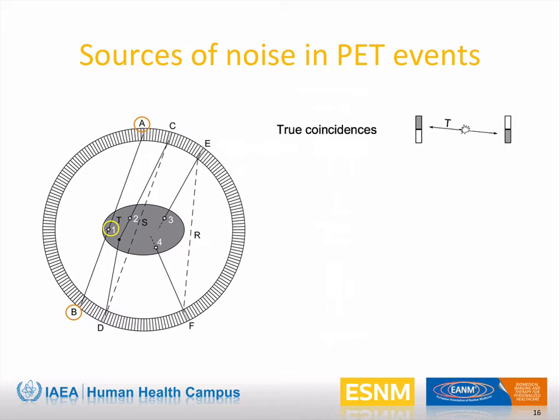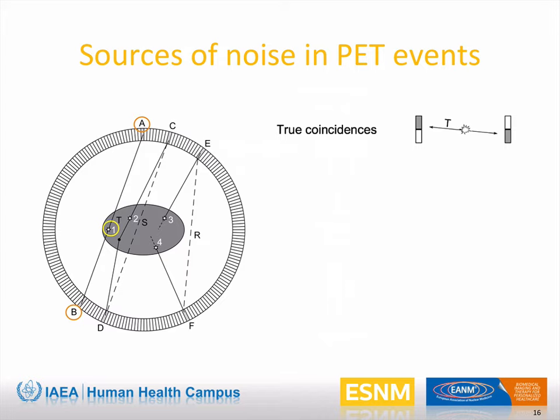In fact, only under these conditions the LOR passes by, or more correctly, the tube of response contains the annihilation point. Hence, not all the LORs generated by a coincidence detection of two gamma rays give true counts.